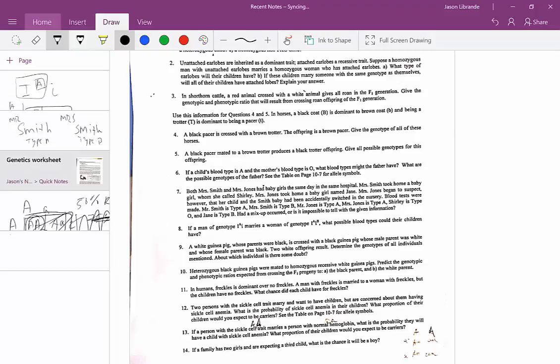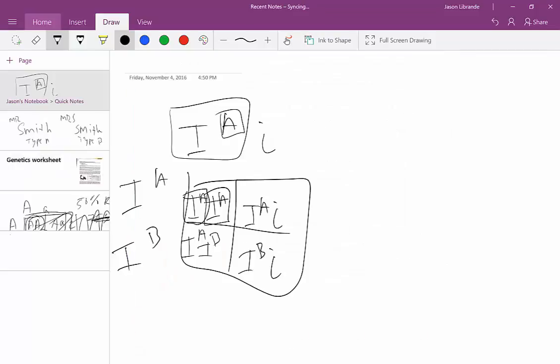Let's go back to the worksheet to see what the question is. So what are the possible blood types that their children could have? So here, top left, we can have A. So two I uppercase A's. It's the same blood type as I uppercase A, lowercase I. So both of these top ones are going to give A blood type.